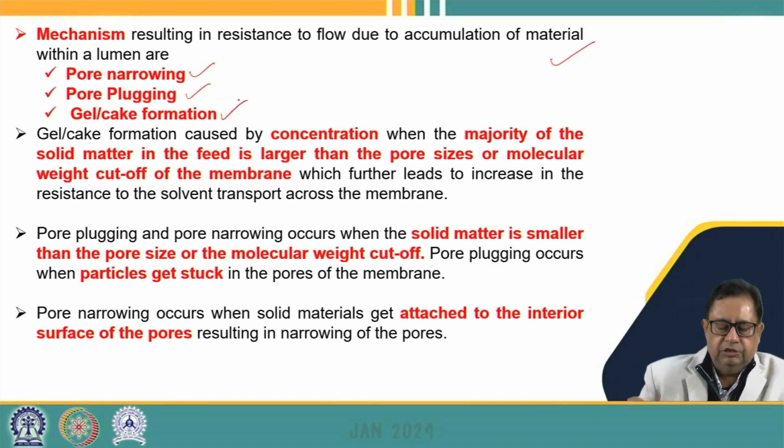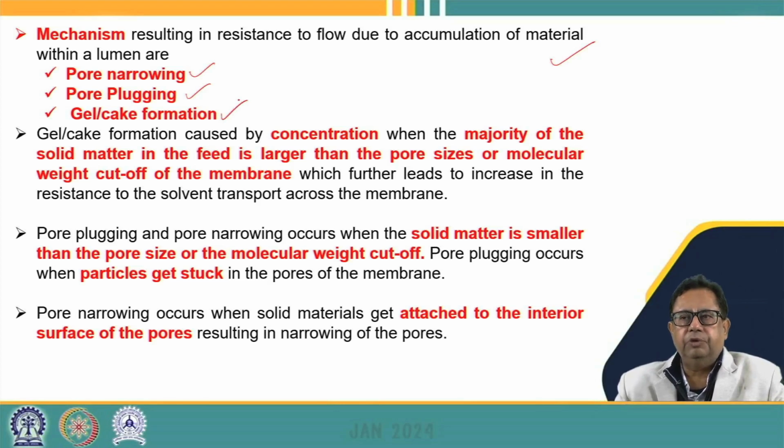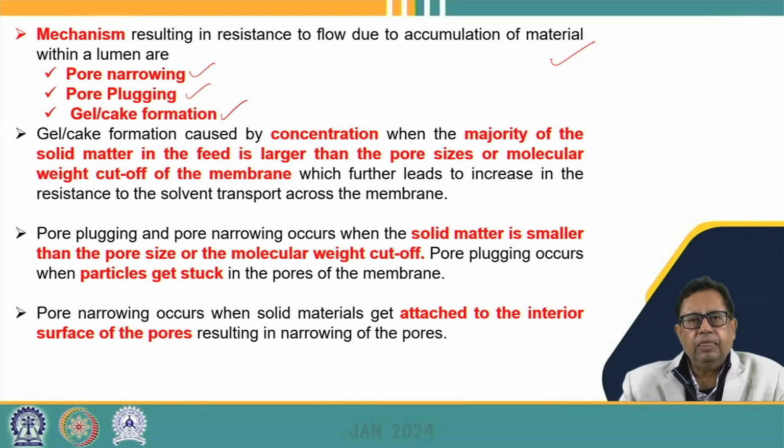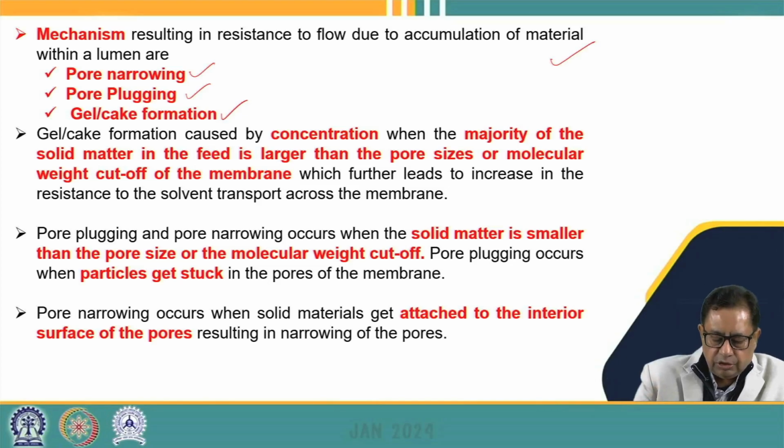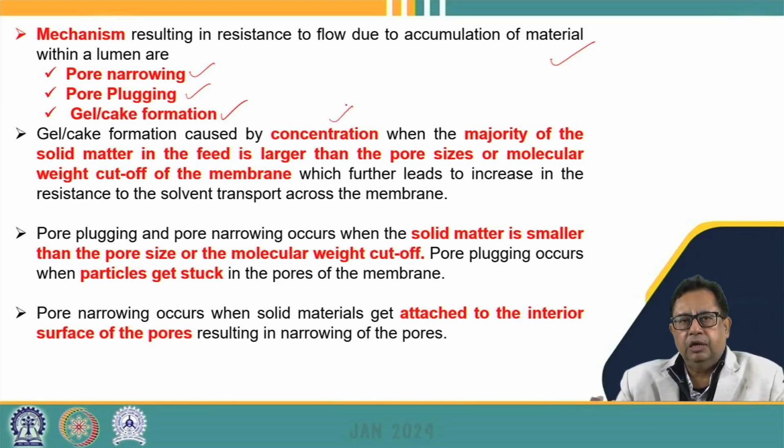Similarly, we can have a gel or cake layer formation taking place on the entire surface of the membrane. That also can lead to reduced performance of the membrane for the treatment of water or wastewater. Here the gel or cake formation is caused by a higher concentration of certain constituents present in the water or wastewater. They lead to the formation of a layer on the surface of the membrane because of the accumulation of these materials onto the surface.